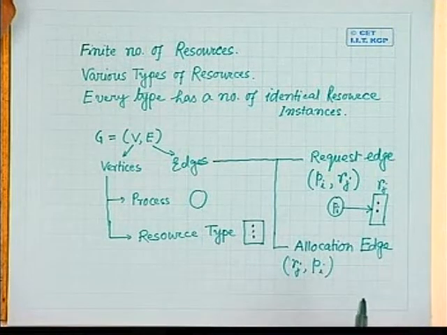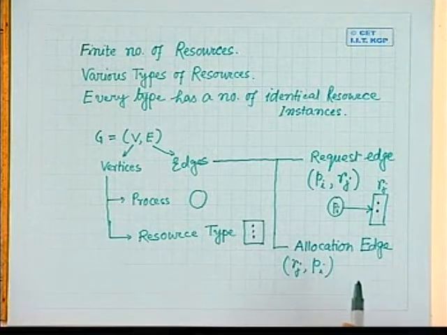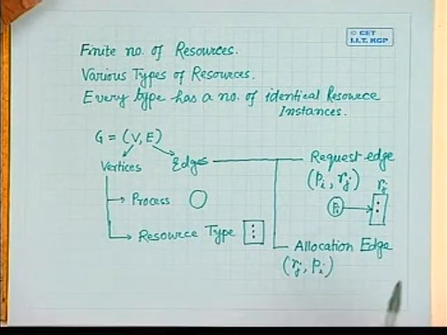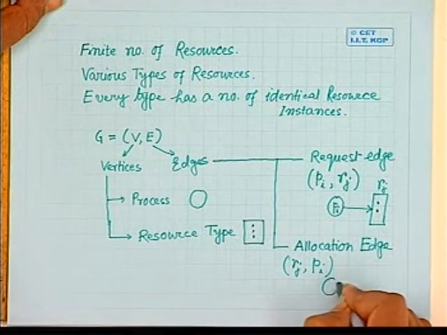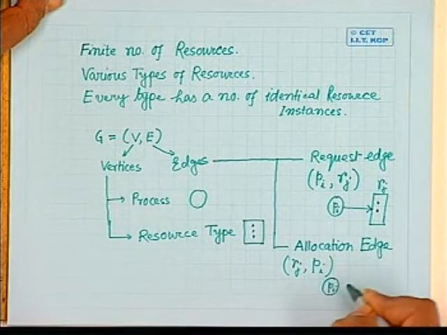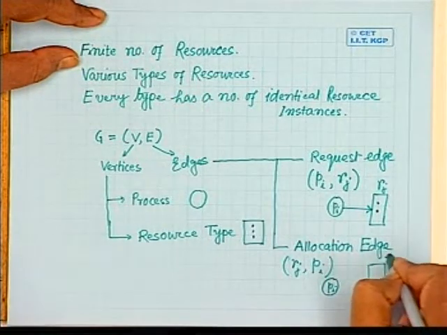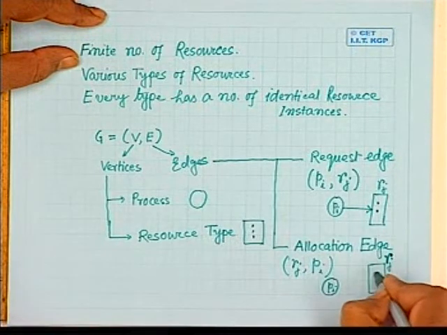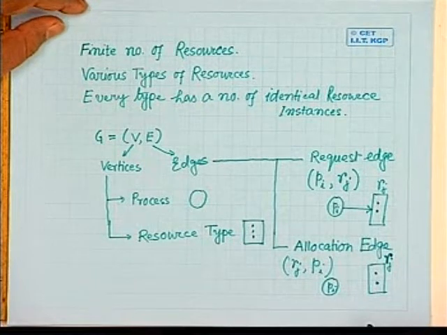But when the allocation is actually made, it is no more indefinite. It is a particular instance which is allocated to the process. Okay. So an allocation edge will appear like this. Say process Pi has requested an instance of a resource type Rj which contains 2 identical instances of that resource.